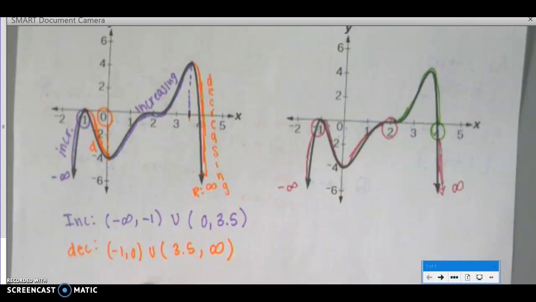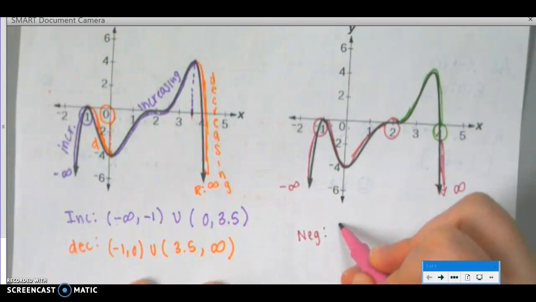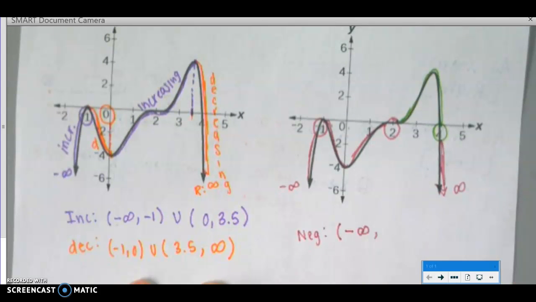All right, so my entire first interval is negative. So here it depends on how nitpicky you want to get. Technically, where this graph hits -1, that value is 0. And so again, 0 is really not negative or positive.